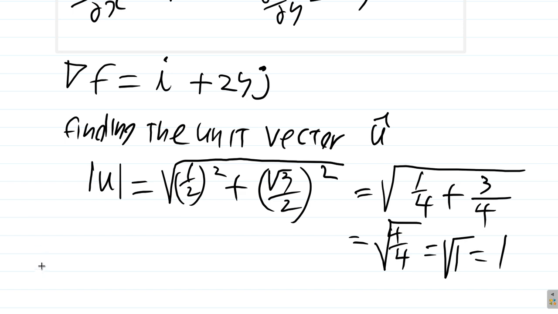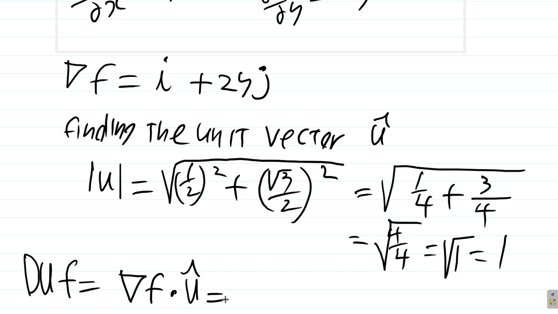So the directional derivative of f is really the dot product of the grad of f and the unit vector.